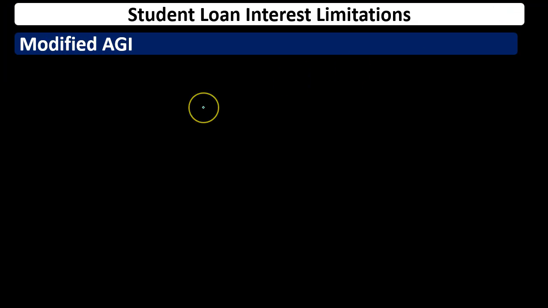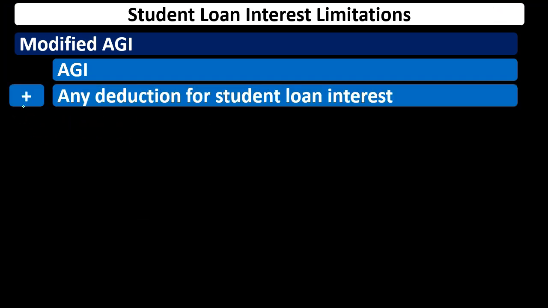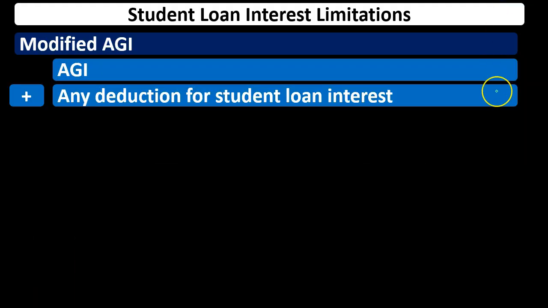So if we go back over here, what is the modified adjusted gross income? We're going to start with the adjusted gross income. We're going to add any deduction for student loan interest. So obviously, if you think about this, the student loan interest would go here. So we're going to add back basically the deduction for the student loan interest. We're not going to include that in essence in our phase out calculation to see how much would qualify for student loan deduction.